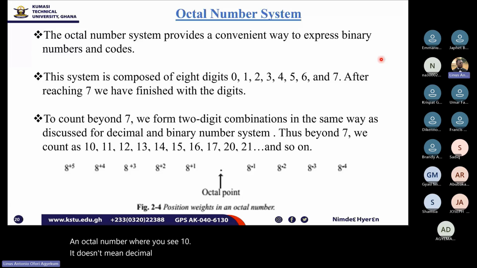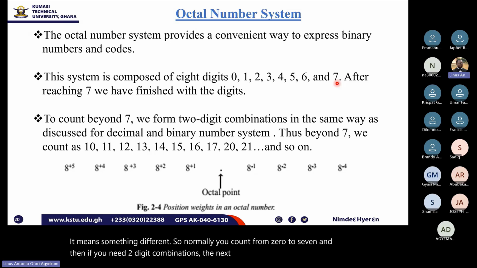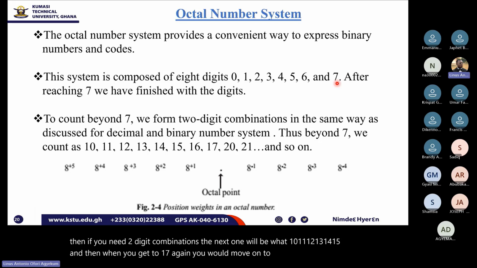It means something different. Normally you count from 0 to 7, and then if you need 2-digit combinations, the next one will be 10, 11, 12, 13, 14, 15. And then when you get to 17, you would move on to 20, 21, and so on.